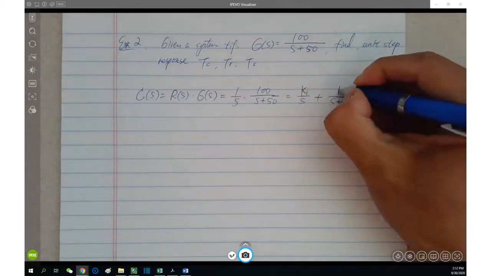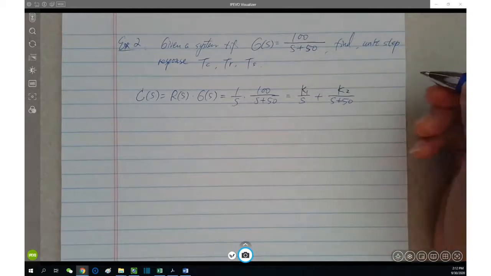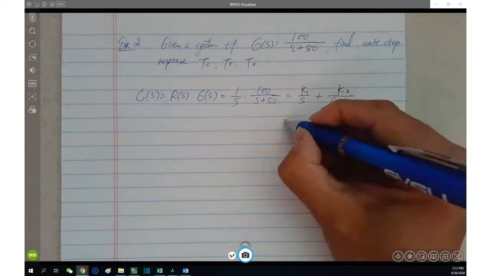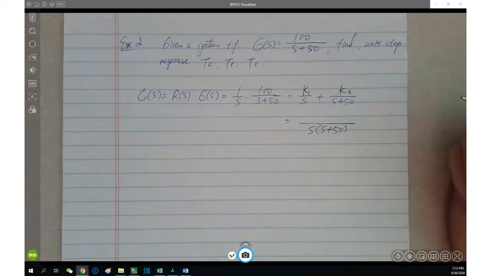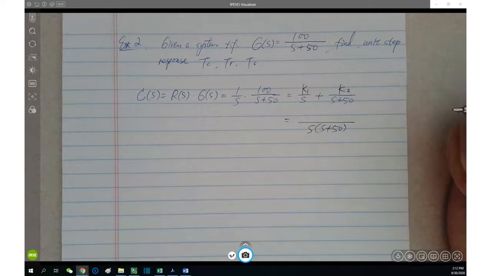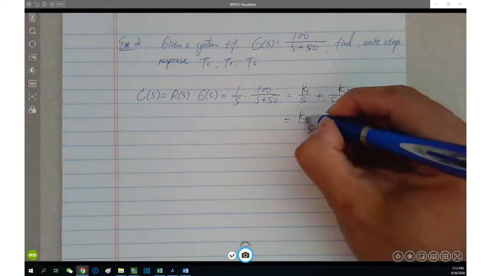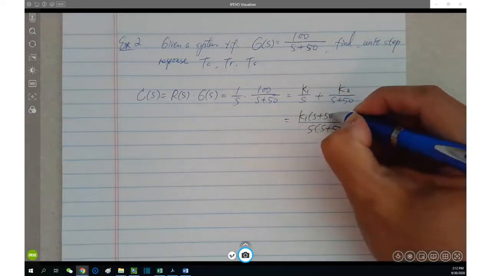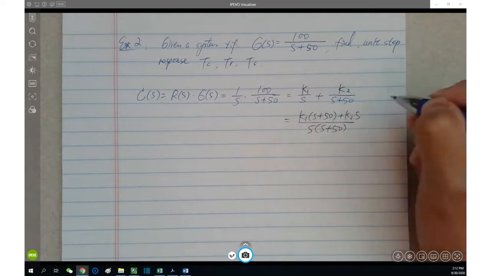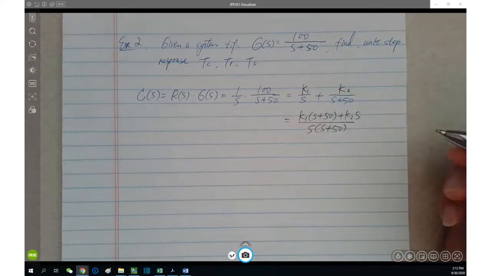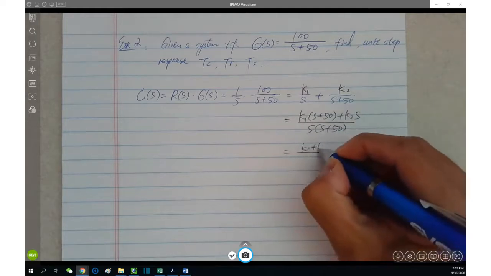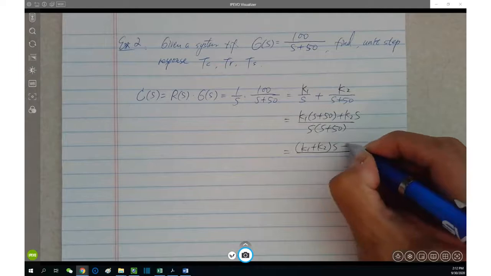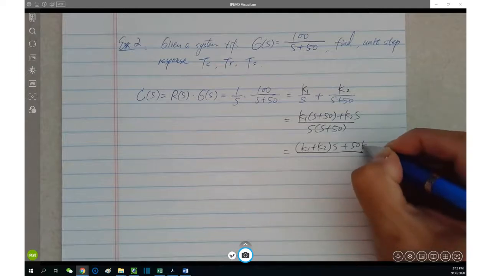I'm assuming K1 and K2 here, and therefore, what I'm seeing here is S times 50 is equal to K1 times S plus 50 plus K2 S. So in the numerator, we have K1 plus K2 times S plus 50 K1, right?